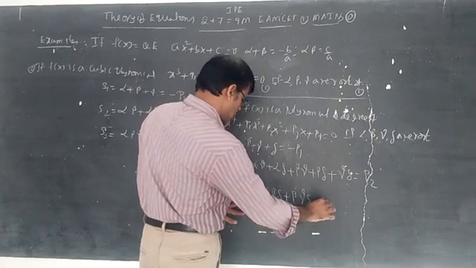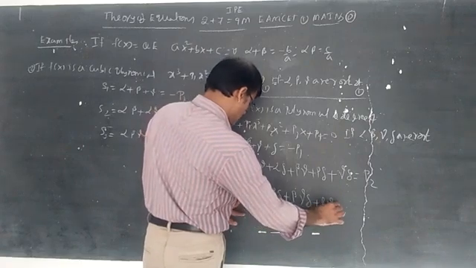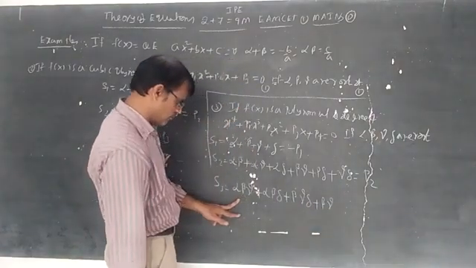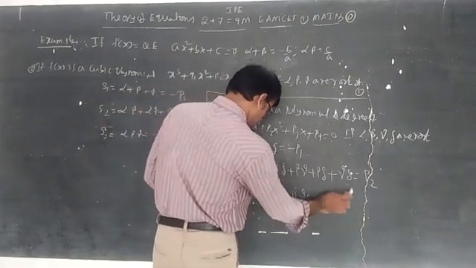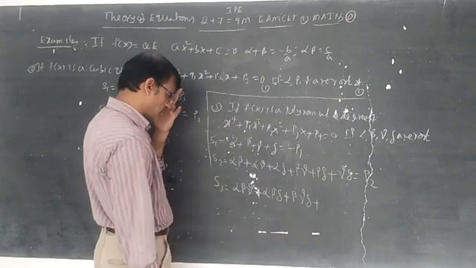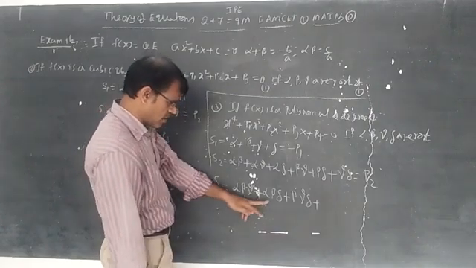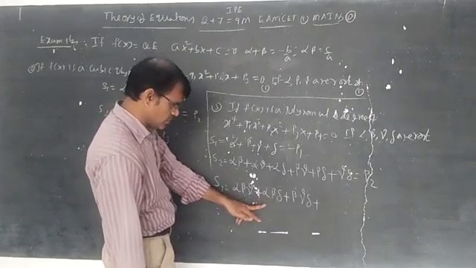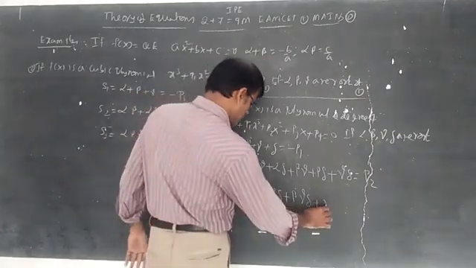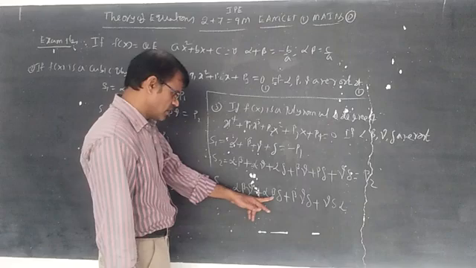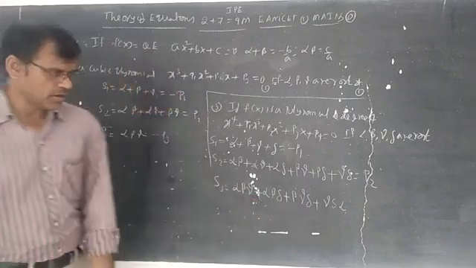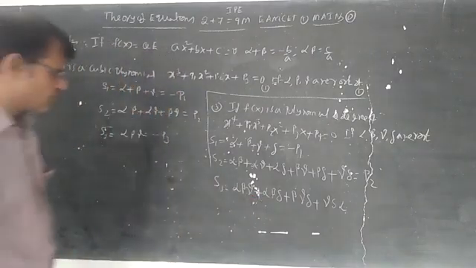Beta gamma alpha you have written, don't write. Beta gamma delta completed. You start with gamma: gamma delta alpha. So maybe here we should start: alpha beta gamma, alpha beta delta, alpha gamma delta.